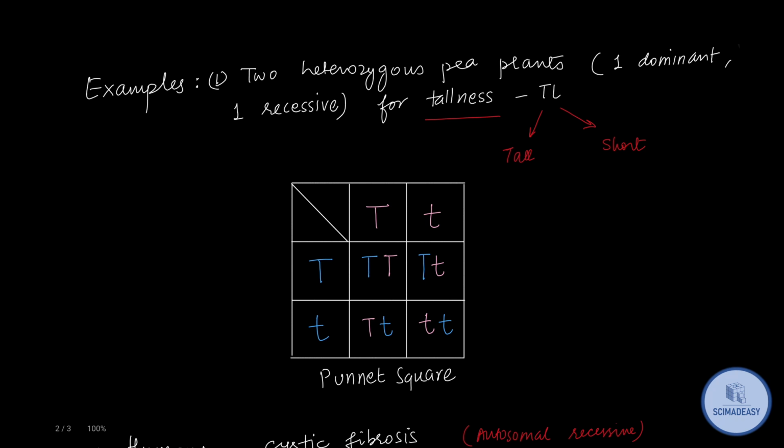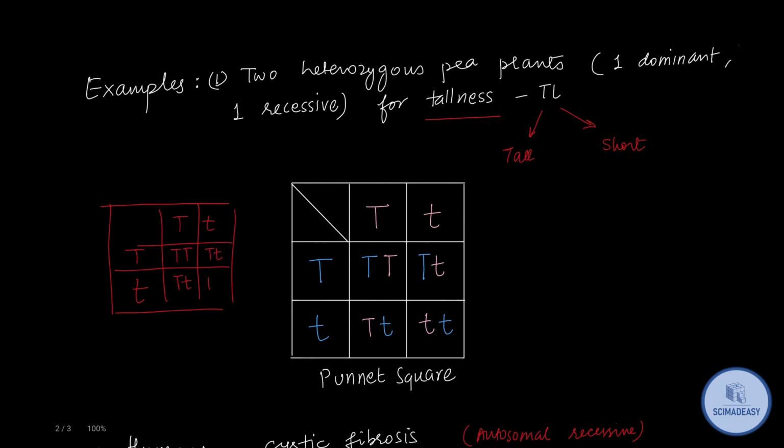When these heterozygous pea plants were crossed with each other, and you make a Punnett square, which is a simple representation of the genetics of the mother and the father plant, as you can see here, there will be different combinations.